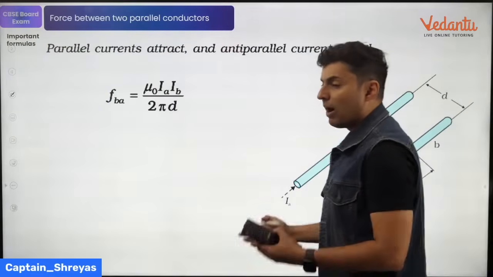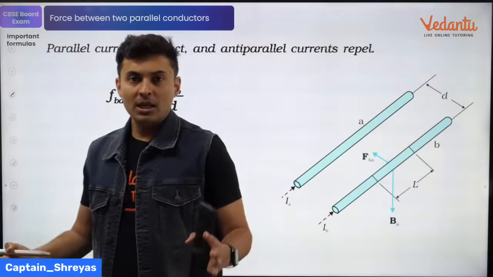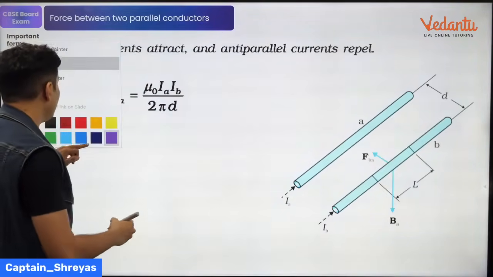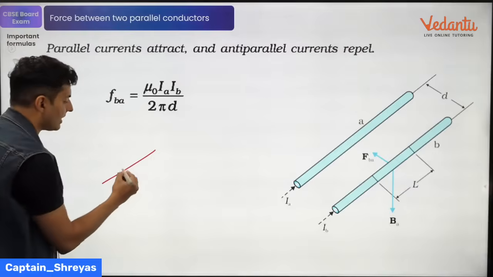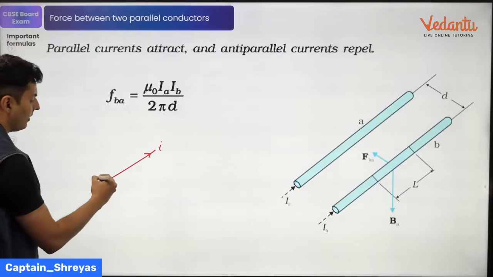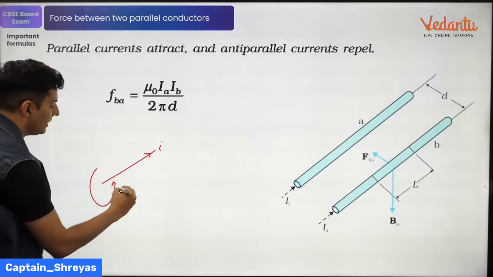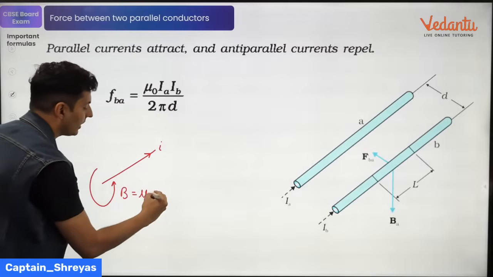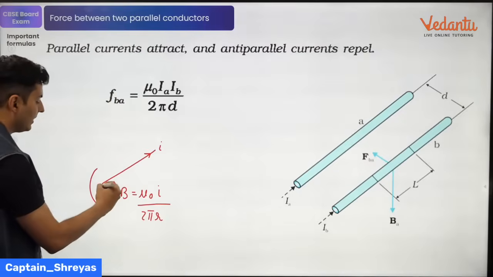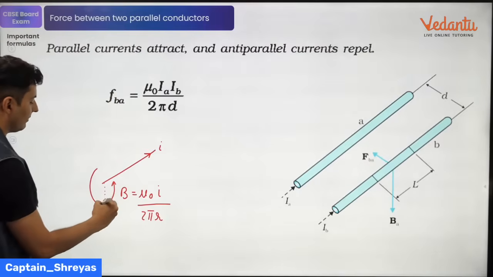Now, if you take a wire which carries current, it creates a magnetic field around it. The magnetic field created by a single wire carrying some current is given by mu naught into current by 2 pi into r. r is the distance at which you are trying to measure the field.